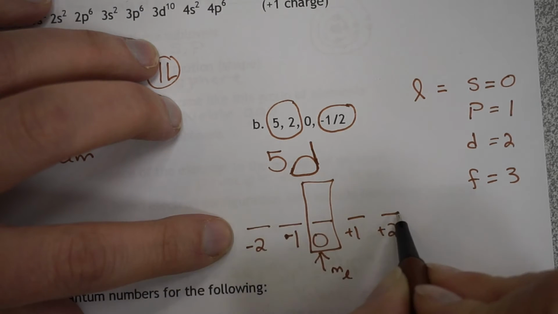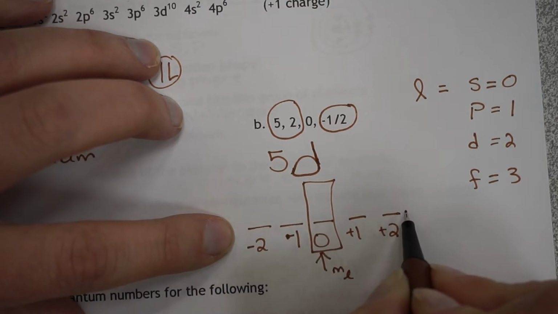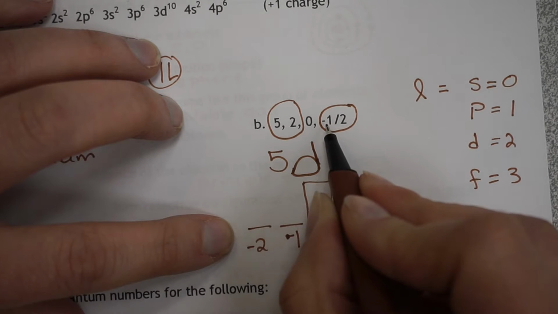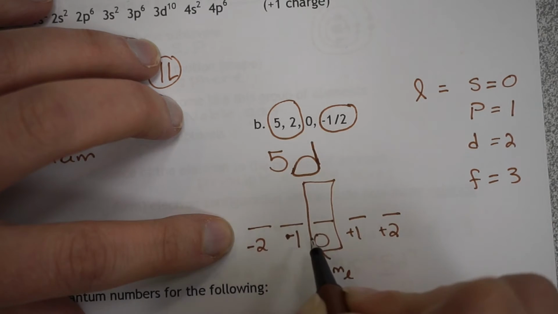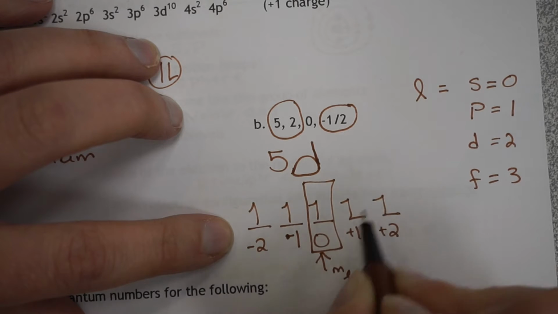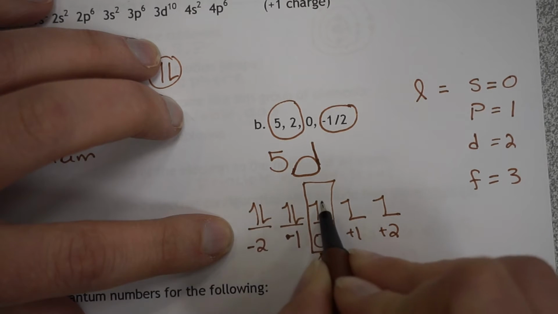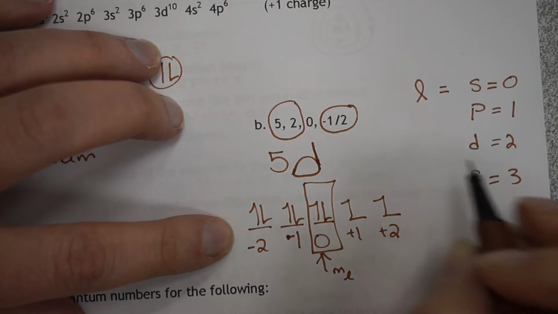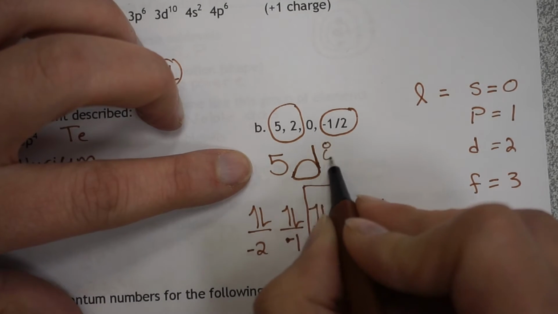So we're going to fill up this with our electrons using the rules we're supposed to use until we have a down arrow in the 0 orientation. So 1, 2, 3, 4, 5, 6, 7, and we're there, 8. So that ends up being 5D8.